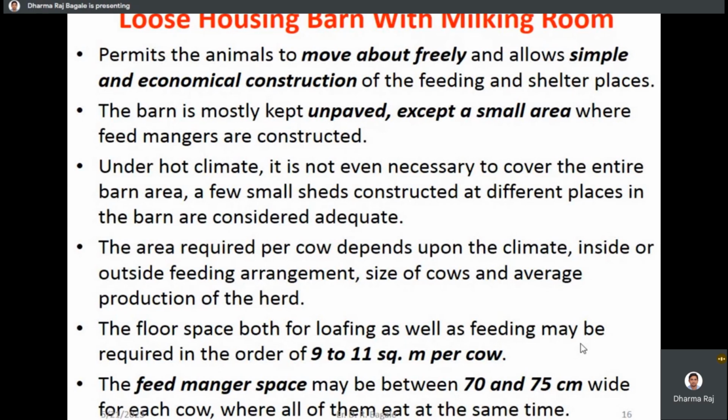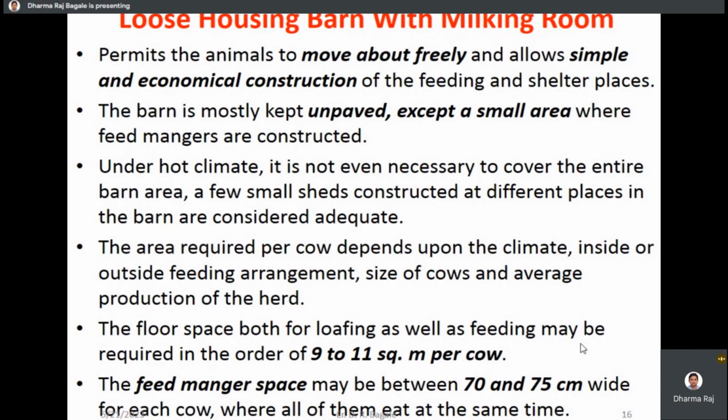All the animals are left in the same confined area. So for that purpose, we have to keep the water trough and the feed troughs sufficiently long, so that all the animals can drink or eat the feed at the same time without much competition.